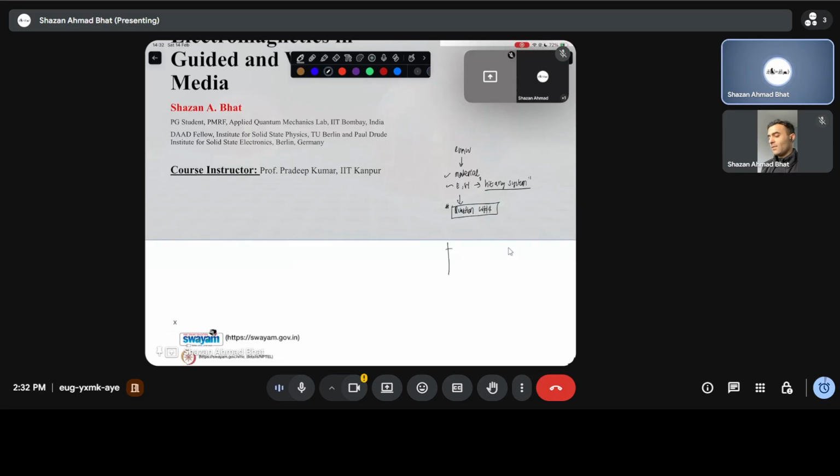Some of the concepts discussed in week 4 are related to the Poynting vector, which is how much energy the electromagnetic wave carries. It has a unit of watt per meter square, so it's a sort of energy density.